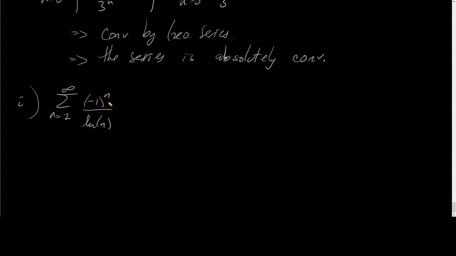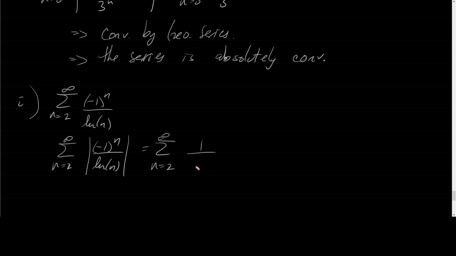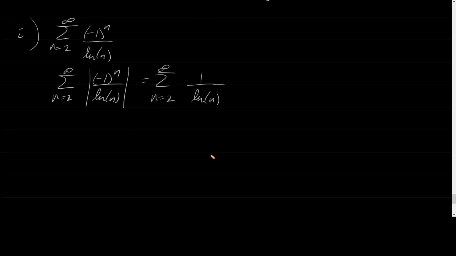Now, I'm going to look at the absolute value version right away. The absolute value version of (-1)^n over ln of n. If I look at this absolute value version, what is that saying? That's saying the series from 2 to infinity of 1 over ln of n. And in here, what is this doing?